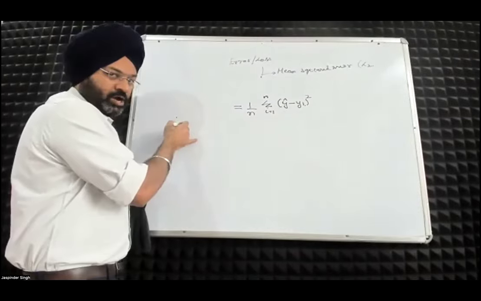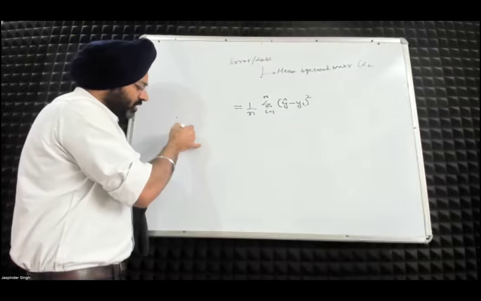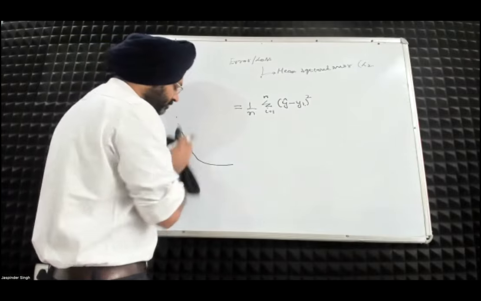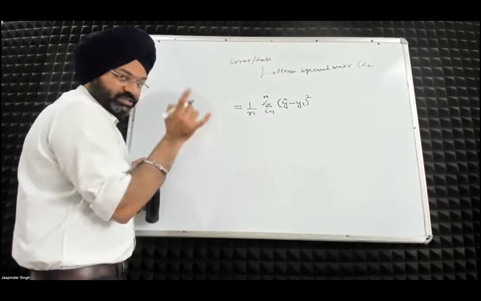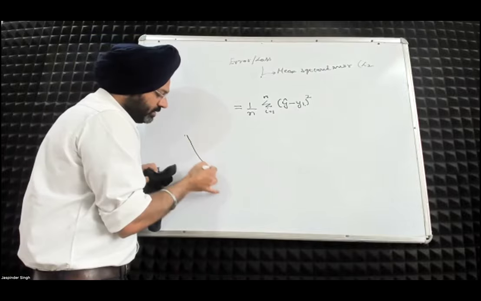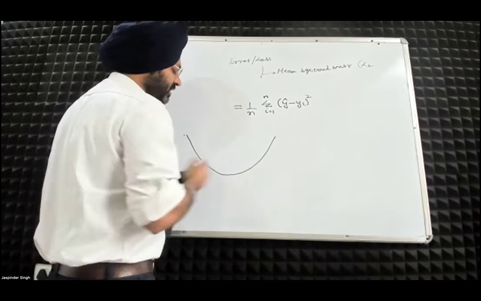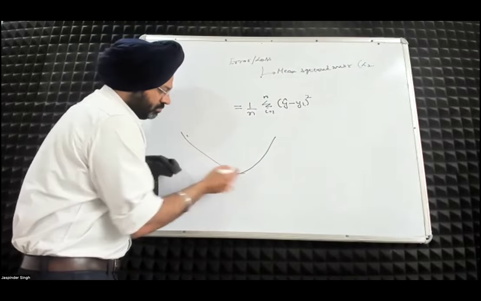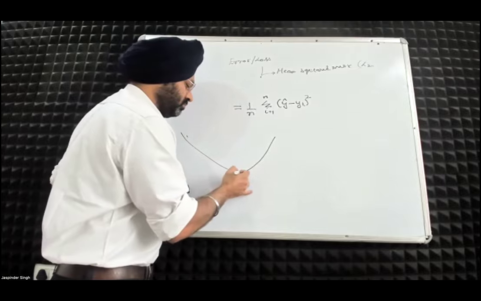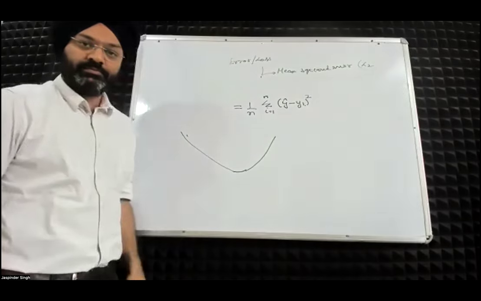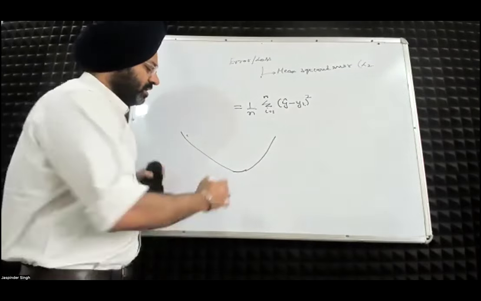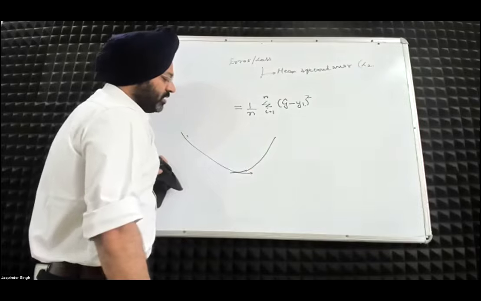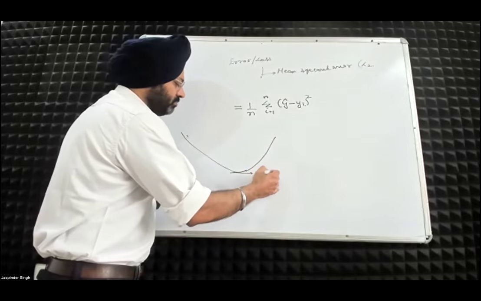So now you know why I was drawing a bowl-like shape over here earlier also. It was squared also. That was also quadratic. It will be something like this, a convex kind of bowl, where right here the error will be minimum.